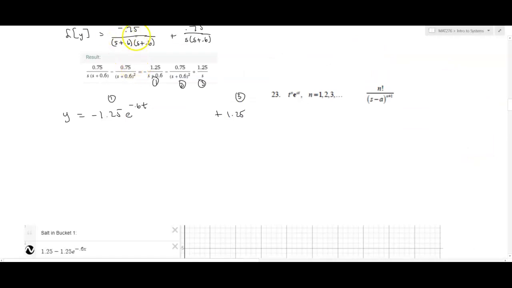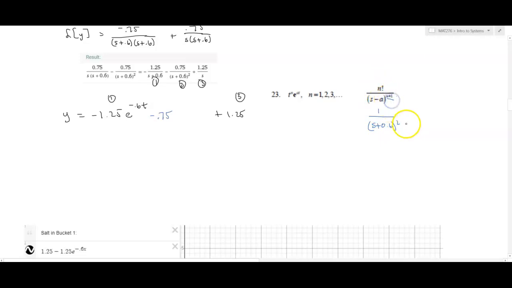Okay, so here we have it, and we first of all can think about this negative 0.75 as being factored out. So I'm going to factor that out and think about this as 1 over s plus 0.6 squared. And you see how this matches up.